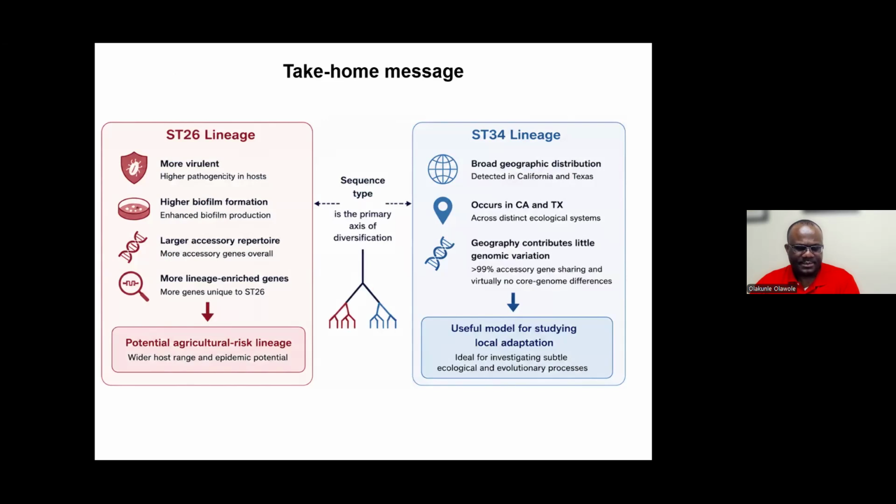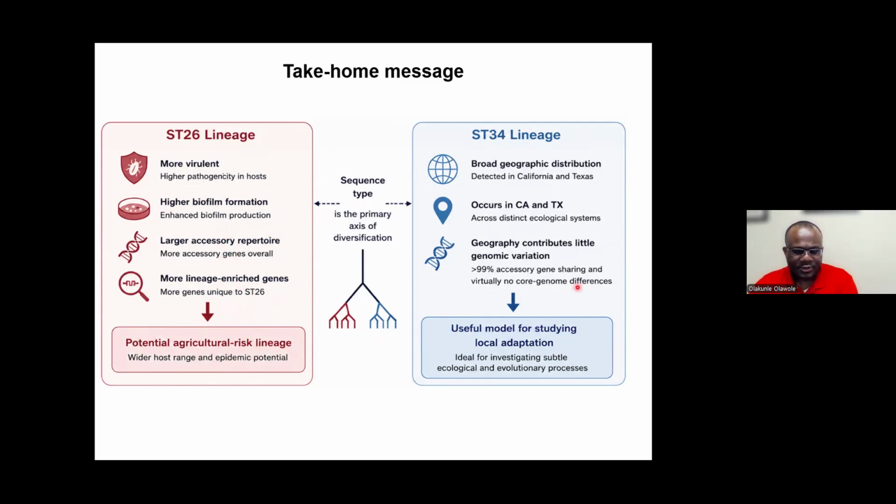So, to wrap everything up: what we found was that sequence type, rather than geography, is the primary axis of diversification in the plum-associated Xylella fastidiosa subspecies multiplex. The key point here is that the ST26 is associated with higher virulence, stronger biofilm formation, and a distinct ancestry gene repertoire, which suggests a potentially important agricultural risk lineage.